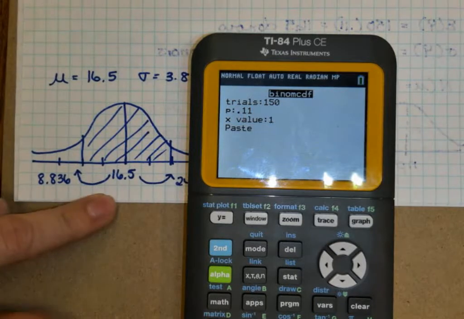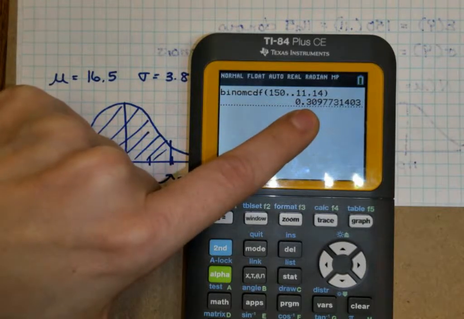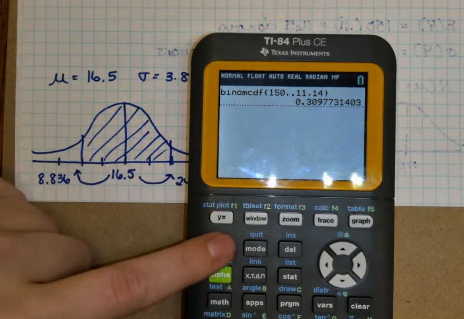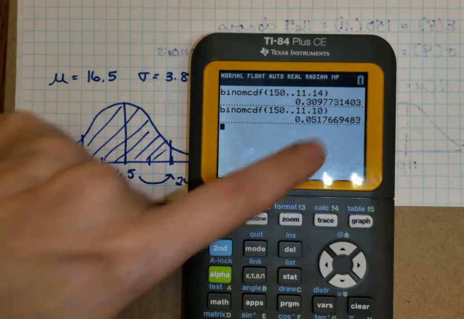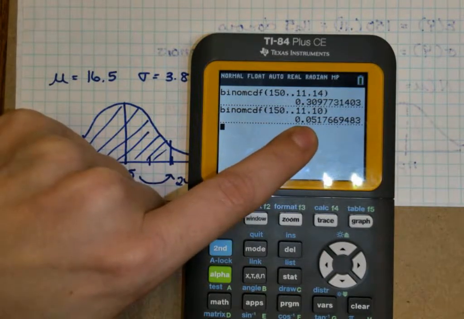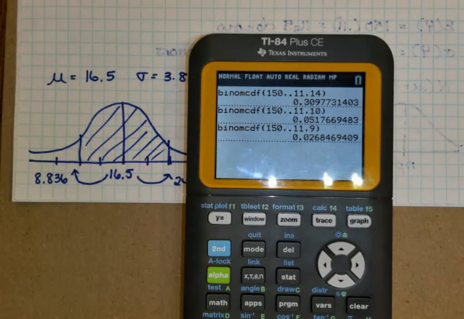I'm just going to guess. 14 people would get me 0.3. That's not too surprising, so let's change that to 10. We're close. There's the 0.05. See if 9 does it. So if I take that approach, 9 or fewer people would be surprising.